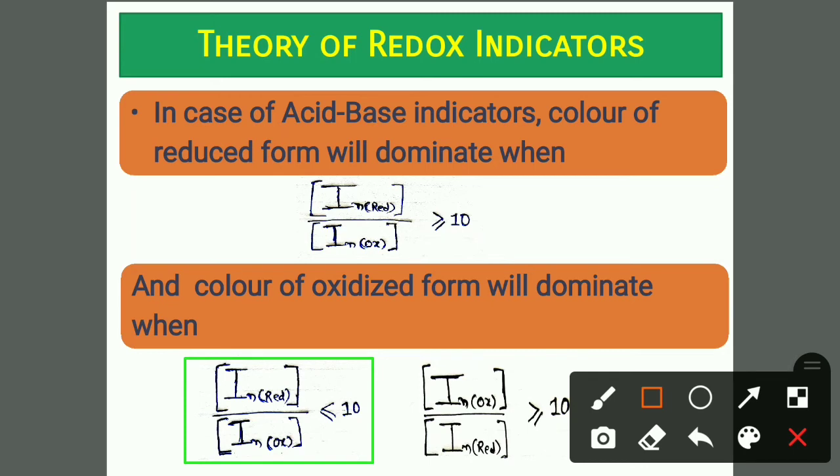Or you can also say, if you take the reciprocal, the ratio of the concentration of the oxidized form to the reduced form is greater than or equal to 10. So in these two cases, the reduced form will dominate when that ratio is equal to or greater than 10, and the color of the oxidized form will dominate only when that ratio is less than or equal to 10.